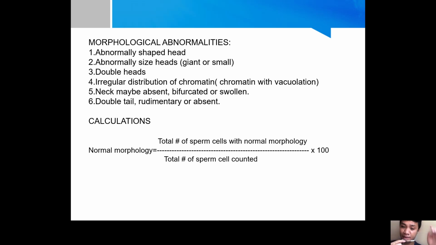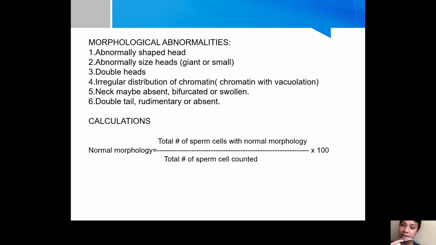For example, if you're doing the routine criteria for morphology evaluation and there is an abnormality in the head, even if the tail is normal, it is still counted as abnormal. So all you need to do is evaluate out of your 200 sperm, how many are abnormal. Then multiply by 100 and that becomes your percent sperm morphology.